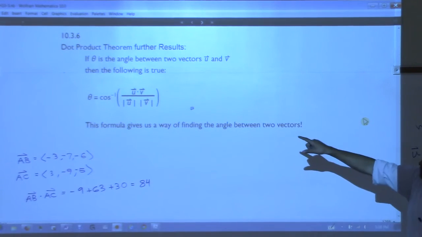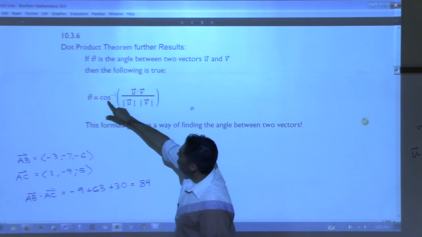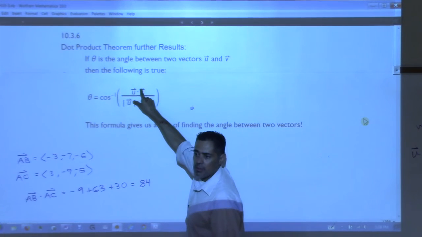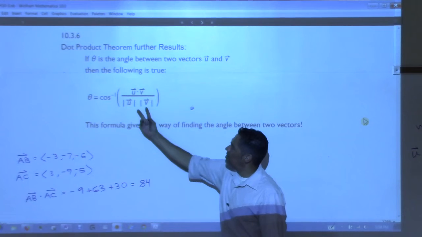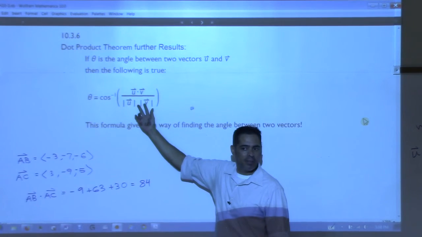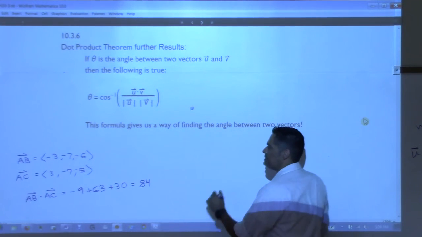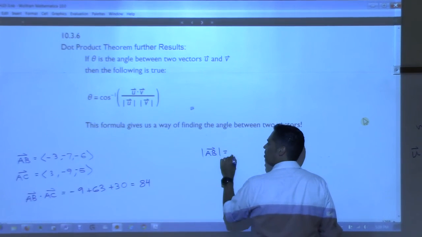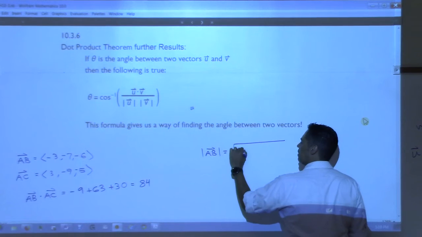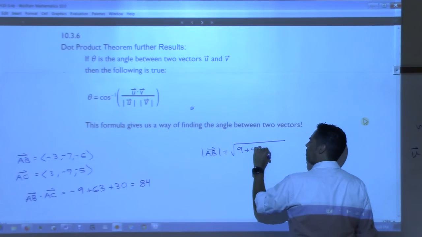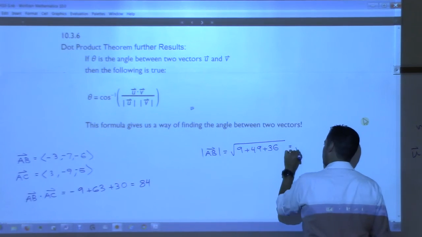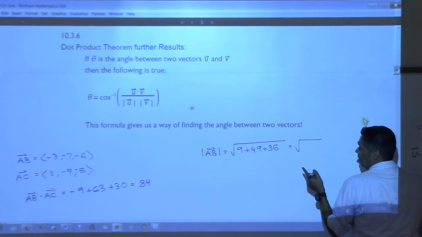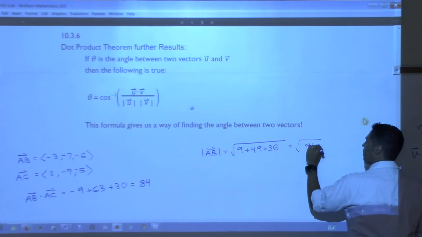But in this formula, we're going to have to take our cosine of that dot product. So we're going to need that, but we also need the magnitude of each of these. So that kind of sucks, but I'm going to take the magnitude of AB, which is the square root of 9 plus 49 plus 36, which is root 94.